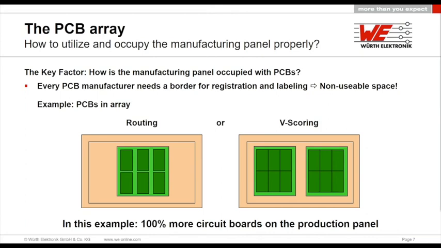Maybe not with 1 versus 2, but 4 versus 6 or 6 versus 8. This happens quite a lot. And often it's just a few millimeters which prevent us from placing more PCBs on a production panel. So it's always good to know what is the active area, how big should the production arrays be, so that we can occupy most of the space on the production panel.